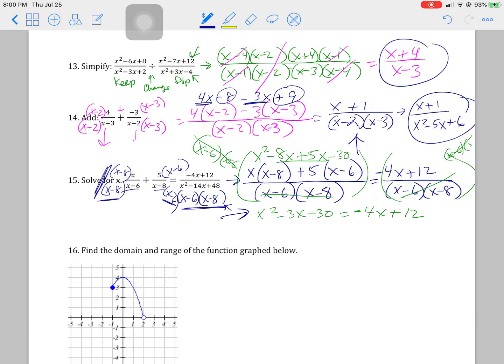So if we're heading towards a quadratic, after I did all that, I still have an x squared, so I want all of the terms on one side, so I can see if it would factor. So I'm going to keep my x squared positive. So let's move this 4x and this 12 this way.